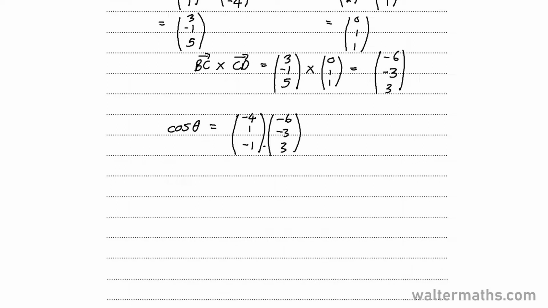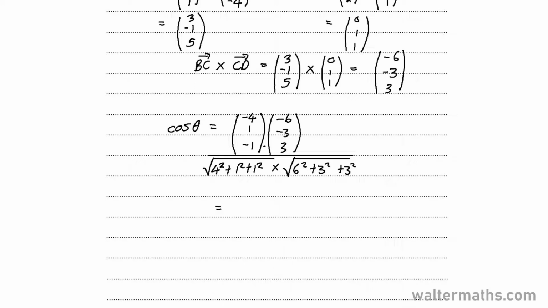And that's going to be over the modulus of the first vector. So that's the square root of minus 4 squared plus 1 squared plus minus 1 squared, times the square root of minus 6 squared plus minus 3 squared plus 3 squared.